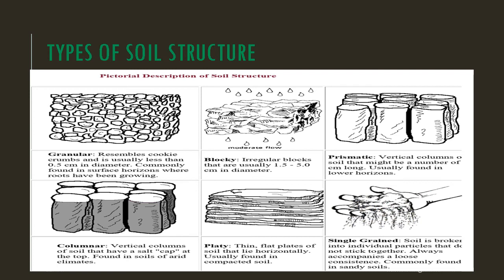Blocky are irregular blocks that are usually 1.5 to 5 centimeter in diameter. Prismatic are vertical columns of soil that might be roughly 1.5 centimeter long, usually found in lower horizons. Then we have columnar, platey, and single grain soil that you can pick out as grains.